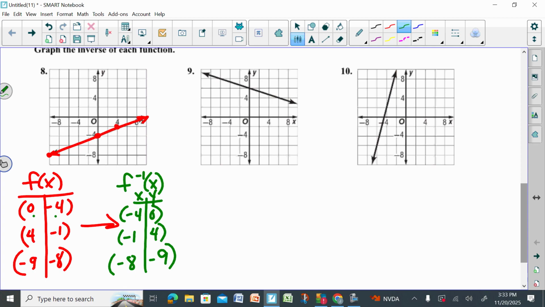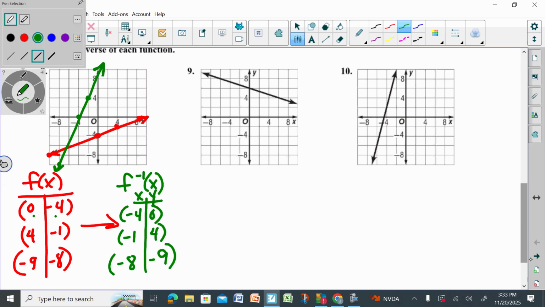So when I graph these and connect them, negative 4, 0 is an x-intercept now. Negative 1, 4 comes up here. And negative 8, negative 9 is down here. When I connect and extend those, one of the things that should happen is a 45 degree line. Now 45 degrees is that line that cuts right through 0, 0, 1, 1.